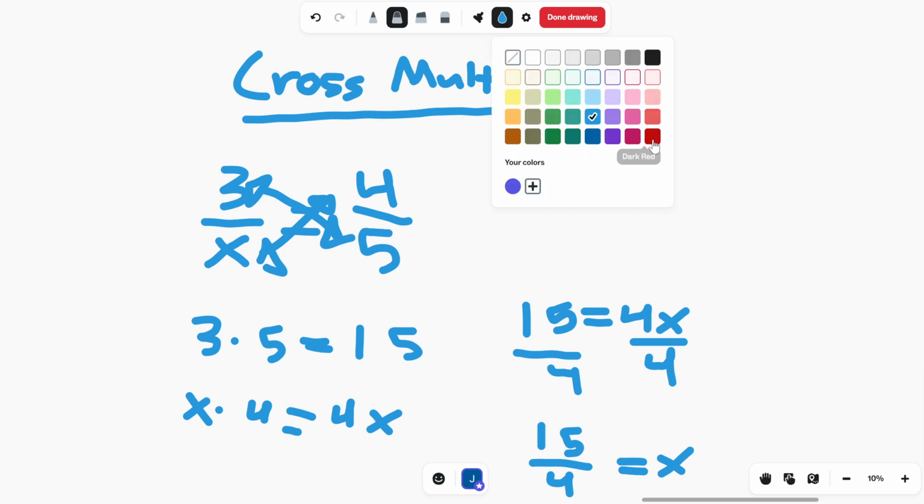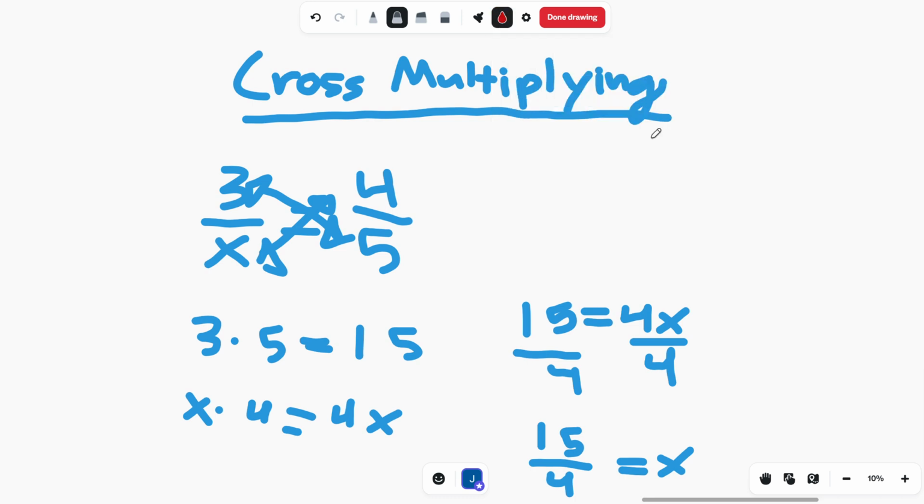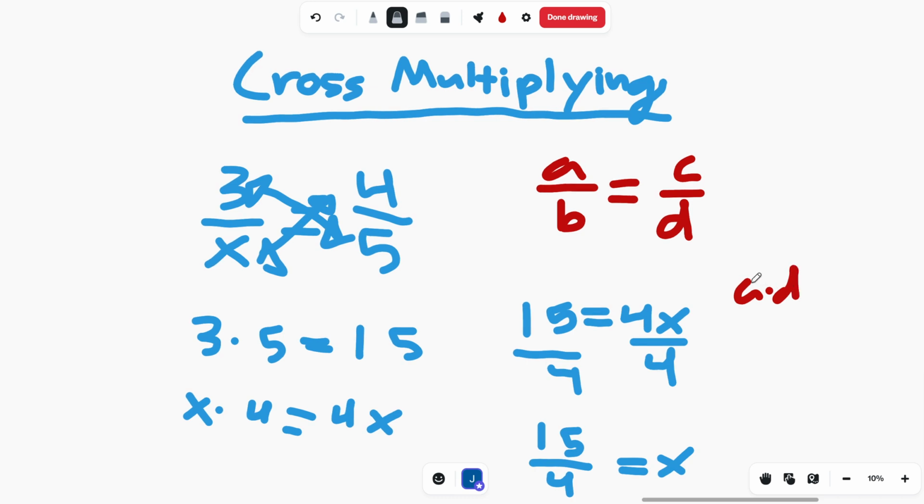So to go back and review, all we are doing is that whenever we have a term, and I'm going to do this as a formulaic process, so we have a over b is equal to c over d. I'm using a, b, c, and d solely because they're chronological variables, a, b, c, d, the alphabet. And all you're doing is multiplying a times d, and you're setting that equal to b times c.